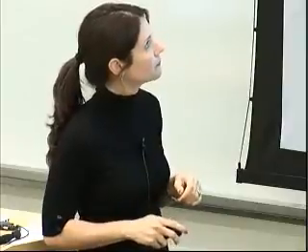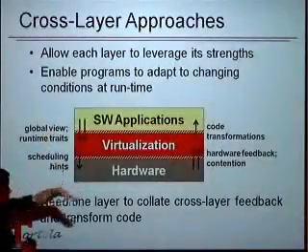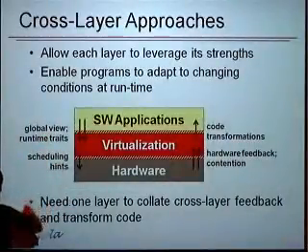Okay? So we're going to break all that down and say, why don't we just leverage all of the strengths of each layer and have them all work together? Right? So that's what we want to do. You can think about, instead of just having this single interface between hardware and software, that we spread that interface and allow communication to occur between the operating system, the hardware, and the running application.